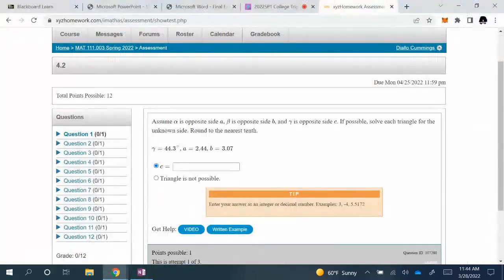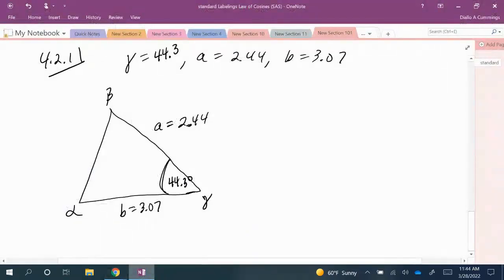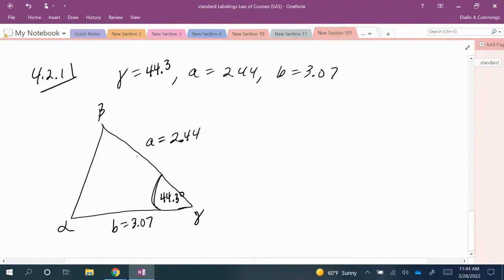So now also notice that I'm given two options. I'm asked to find side C, and it's also giving me the option that a triangle is not possible. Now, the only way a triangle is not possible is if I'm given a side-side-angle set of measurements, right? So here I'm given a side-angle-side, right? We're given a side, an angle measure, and a side length.